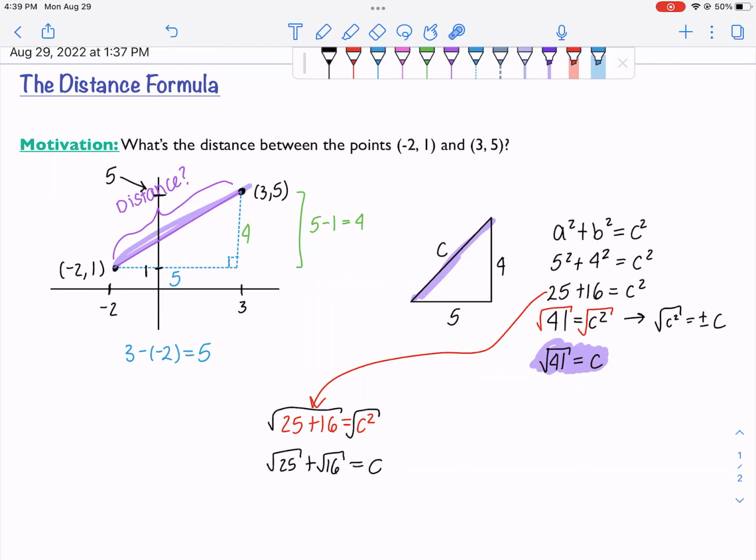And you cannot do that. You cannot distribute a square root over addition. So if there is addition on the inside of a square root, you do have to simplify those first, even if it comes out to a not so nice number. You cannot say that the square root of 25 plus the square root of 16 is equal to the square root of 25 plus 16.